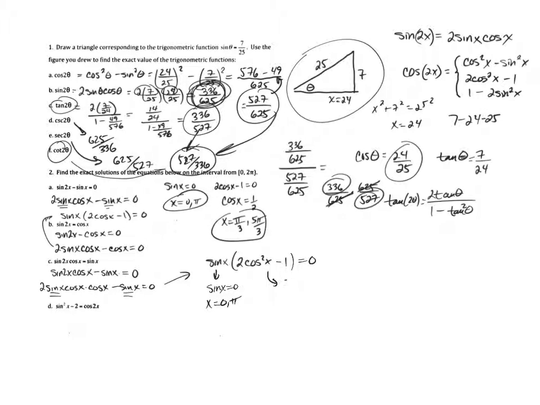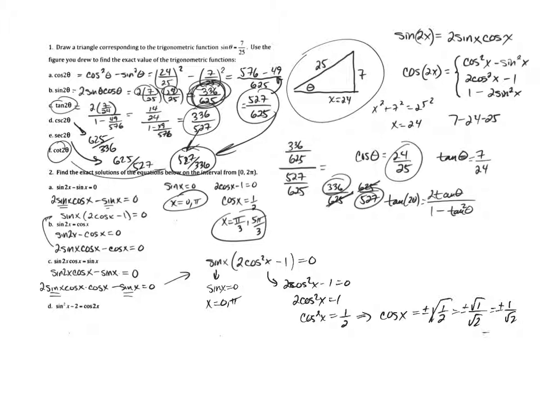But this guy, 2 cosine squared of x minus 1 equals 0, is like saying 2 cosine squared of x equals 1, is like saying cosine squared of x is equal to 1/2. Now we have to take square roots of both sides, and remembering that we can have a positive and negative root, we get cosine of x equals plus or minus the square root of 1/2, which is plus or minus the square root of 1 over the square root of 2, which is plus or minus 1 over root 2.